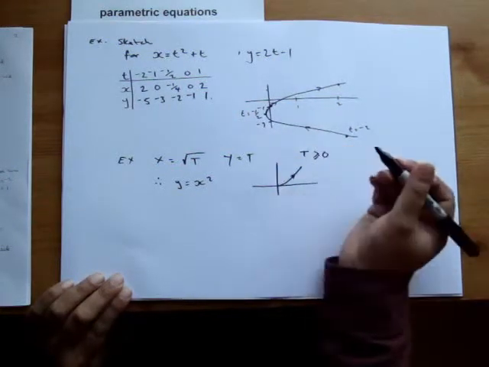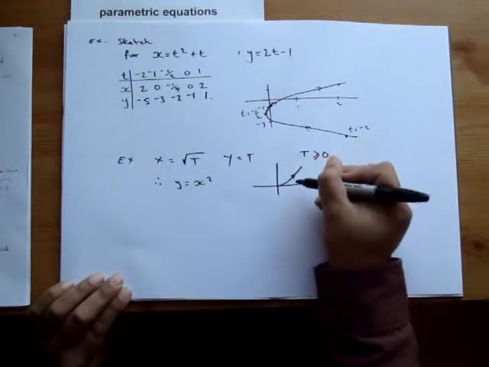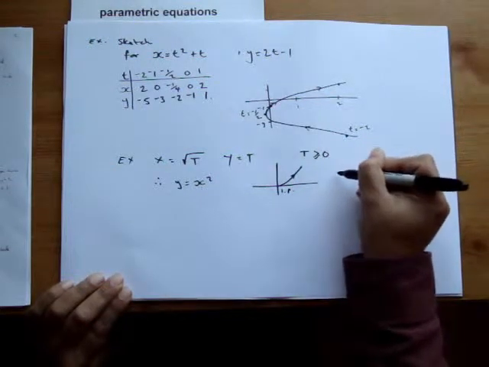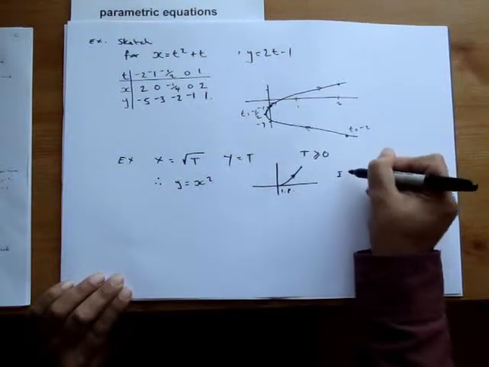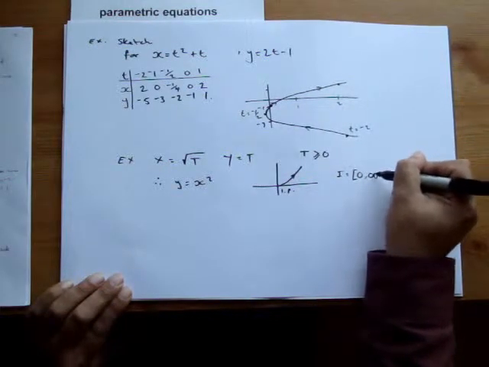It would have no negative side. t can't be negative, and this is our initial point, and our domain is 0 to infinity.